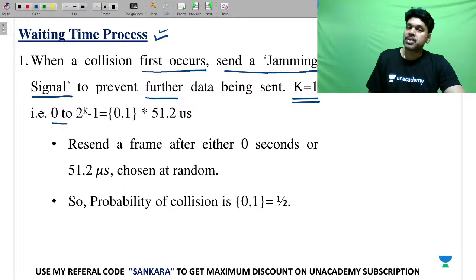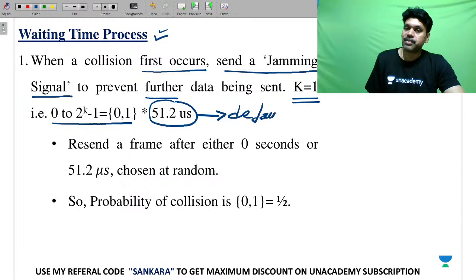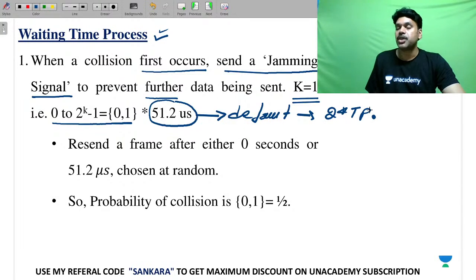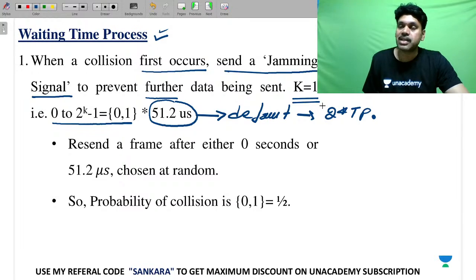A node must choose a slot number from 0 to 2 to the power k minus 1. And this 51.2 microseconds is a default, 2 into TP time. How did we get 51.2 microseconds as a default? I will show you.